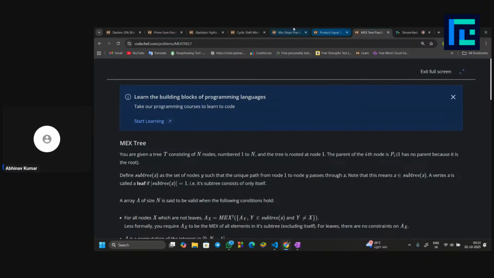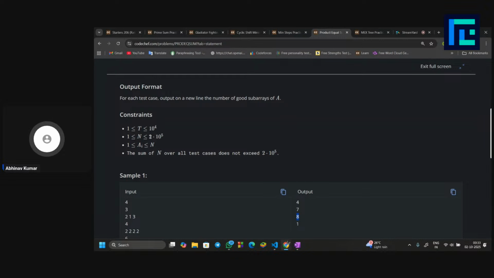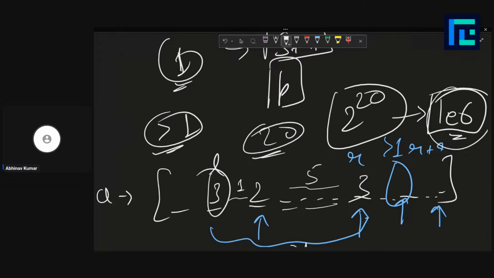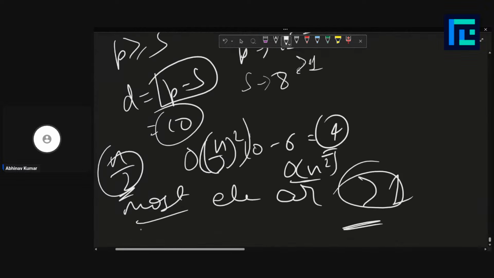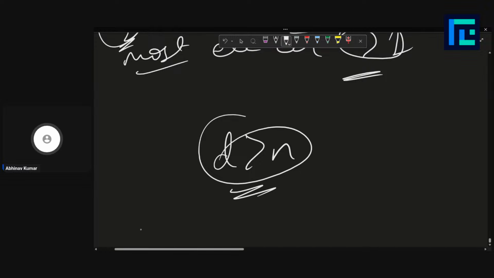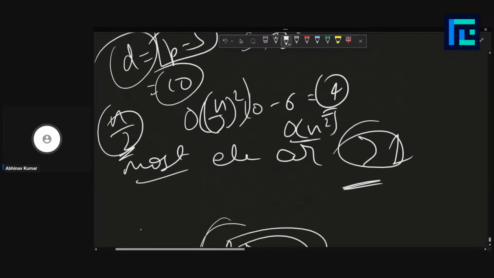So if you look at the constraints of the problem, n is 2e5. If the number of ones required, this d, becomes greater than n, then you can say that you can never have that many ones, because the size of the array is your limit on the number of ones you can have. So this d would cross n very quickly.